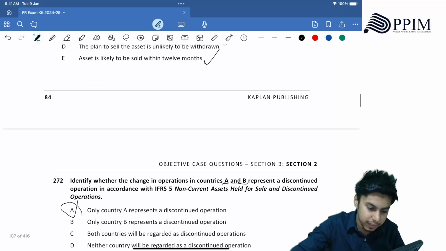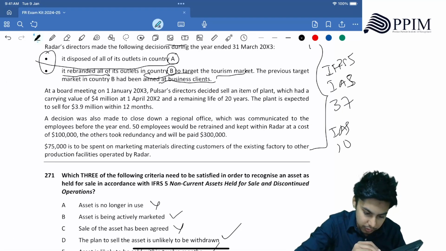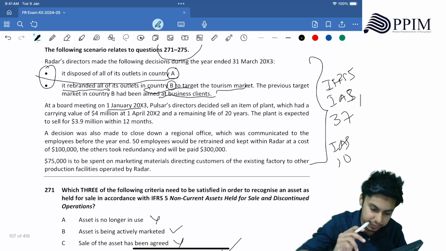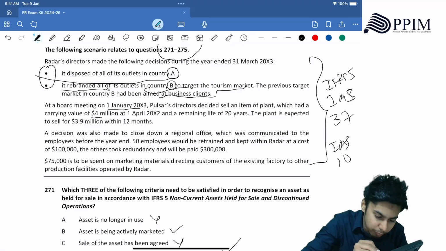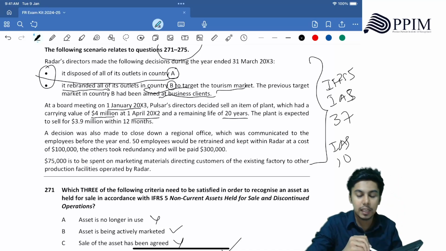Now look at this paragraph, guys, over here. What does it say? At a board meeting on 1st of January 2003, they decided to sell the plant, which had a carrying amount of 4 million on 1st of April 2002 with a remaining life of 20 years.